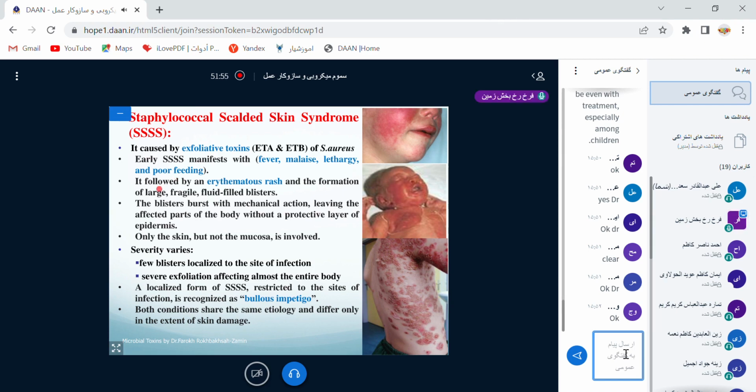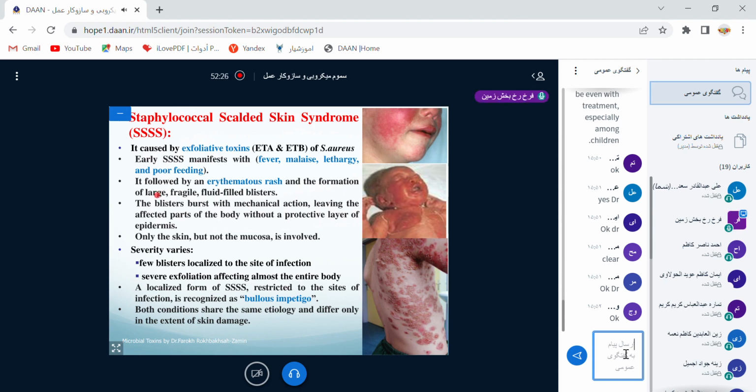After some time, it is followed by an erythematous rash, a red appearance. This rash joins together and takes over a surface of the body. If it is on one part, it is localized. And sometimes it can be all over the skin of the body.